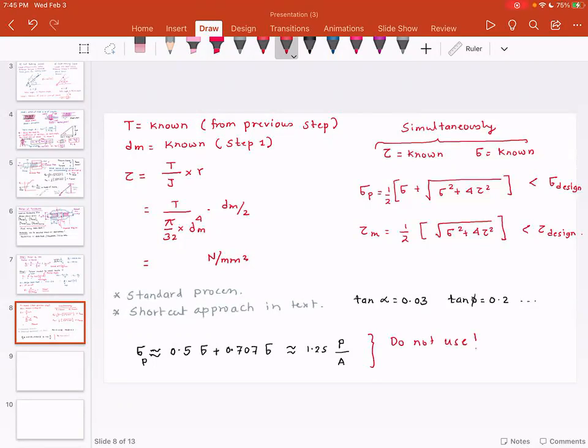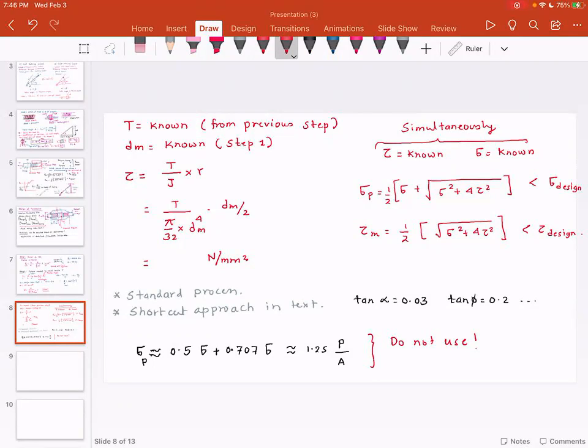And the reason for that is, if you look at the screws, depending upon the values of alpha and depending upon the value of phi, this relationship may be different. And in the case of special purpose turnbuckles, it may be possible for us to use this equation, but in general, this equation cannot be correct. So don't use this approach.